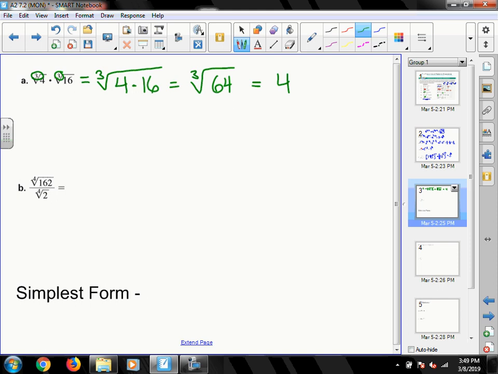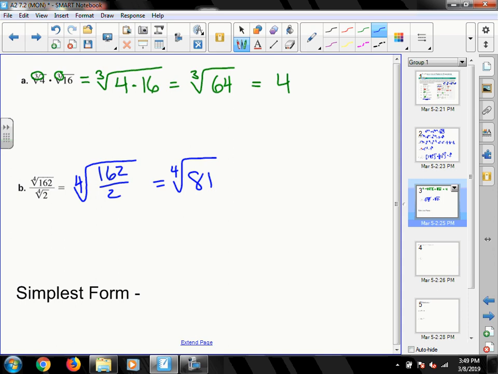Again, looking at B here, we're going to use kind of the same idea. I'm taking the fourth root of 162 over the fourth root of 2. I can rewrite this as the fourth root of 162 over 2, which is actually 81.